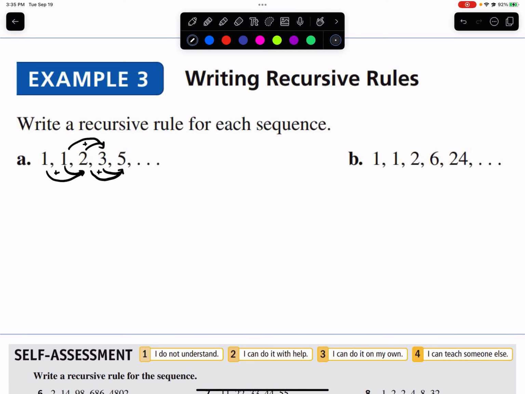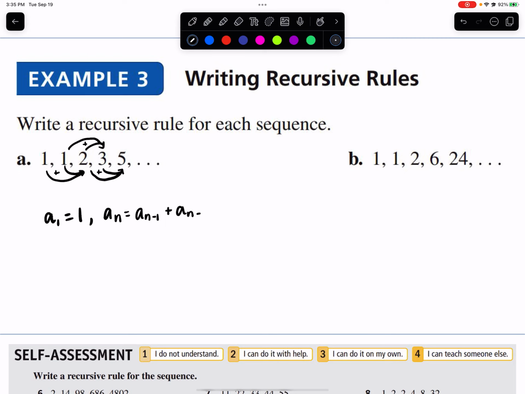So how am I going to write that? Well, I'm going to say, again, first, my first term is A sub 1. And then I'm going to say A sub n equals, it looks like I am taking the previous 2 terms and adding them together. So I'm taking previous term, A sub n minus 1, plus the term before that.